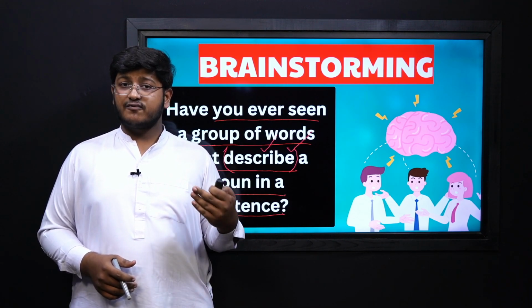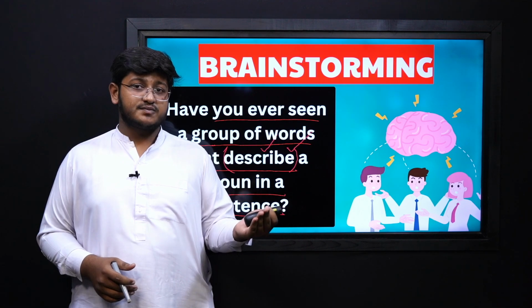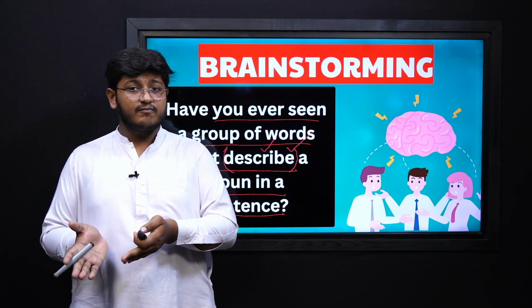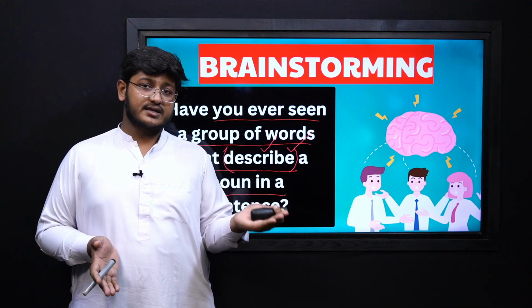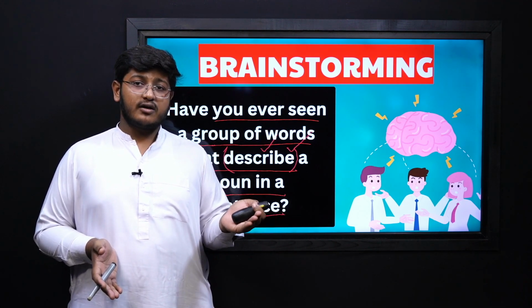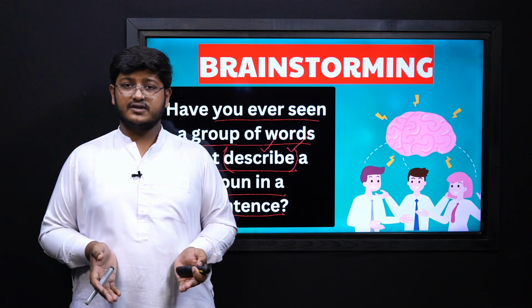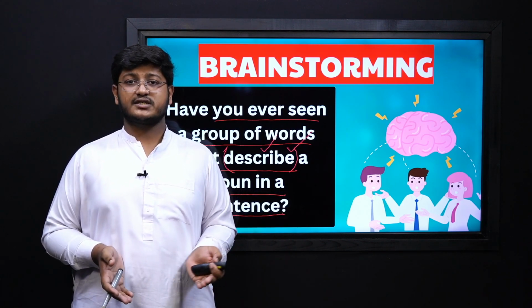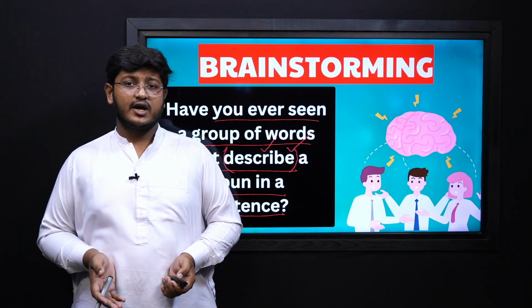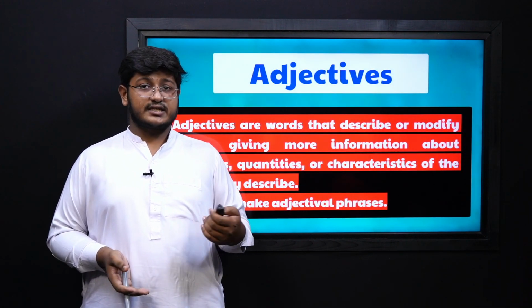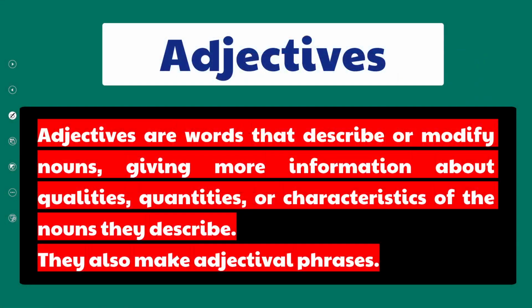For the sake of understanding adjectival phrases, because they are also doing the same thing as describing words, why don't we first revisit the concept of describing words? So that's why we will see what adjectives are. Adjectives, the describing words in the language, actually tell information about the subject or a noun.